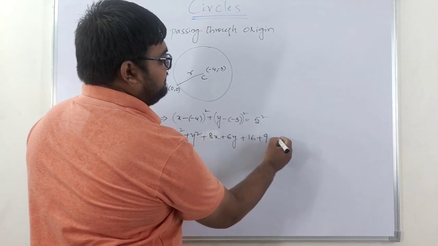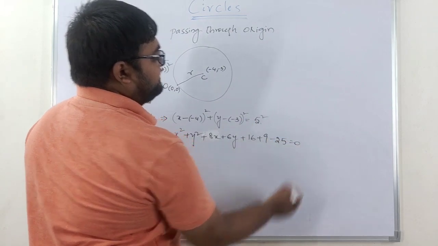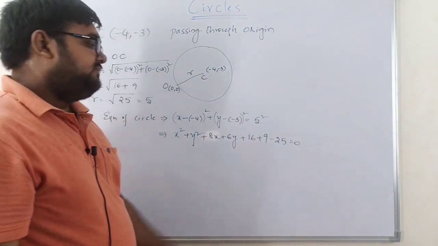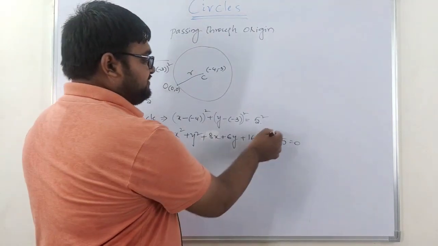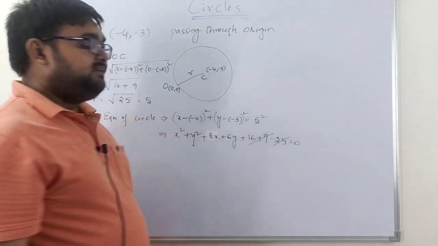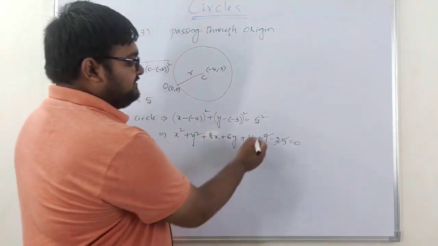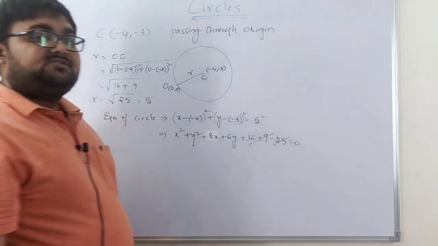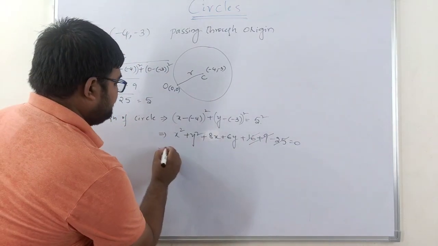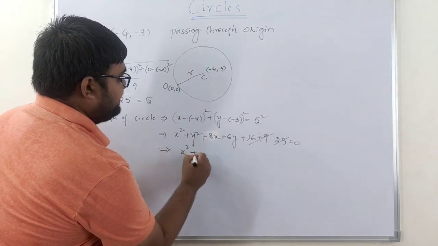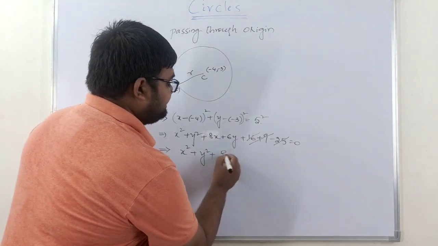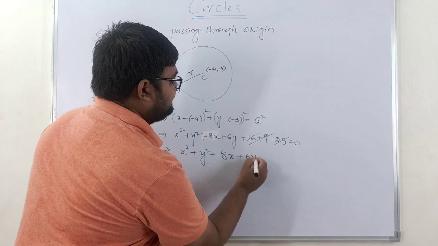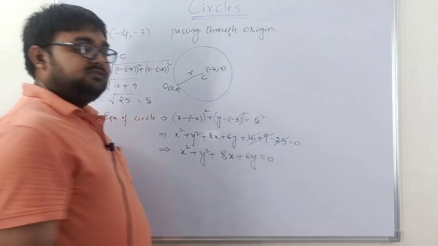This 5 squared is 25, which if I transpose becomes minus 25. So 16 plus 9 is 25, and minus 25 and plus 25 cancel. So what is my equation? My equation is x² + y² + 8x + 6y = 0.